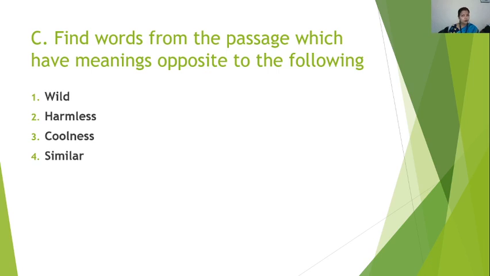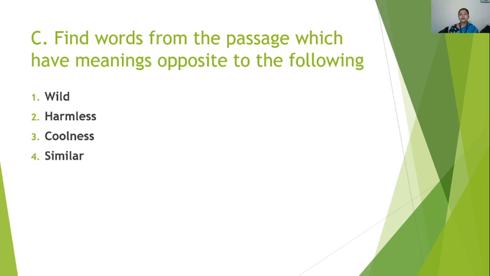It has 2 opposites, but you are allowed to write the word that is used in the passage. So start finding the opposites of these given words. The first is wild, then second is harmless, third is coolness, and fourth is similar.